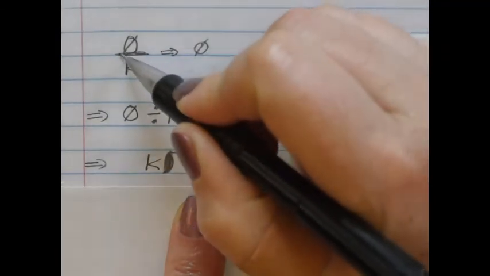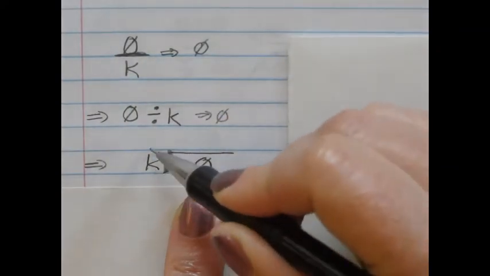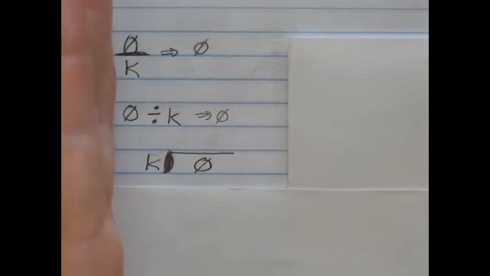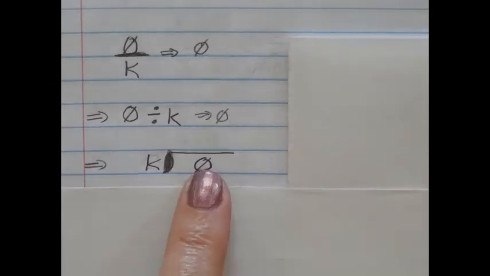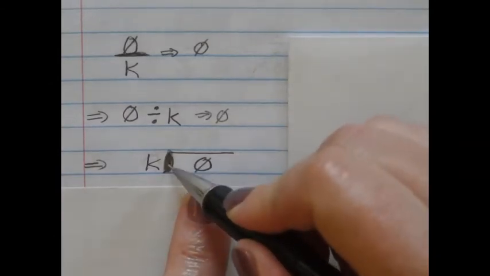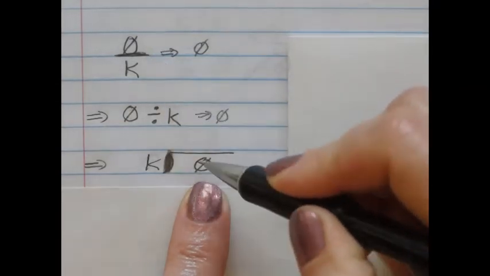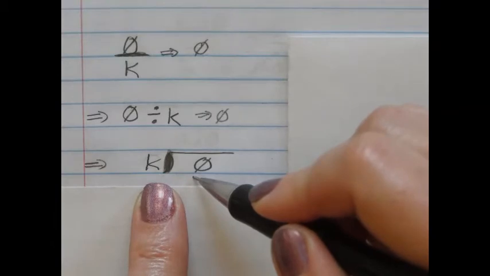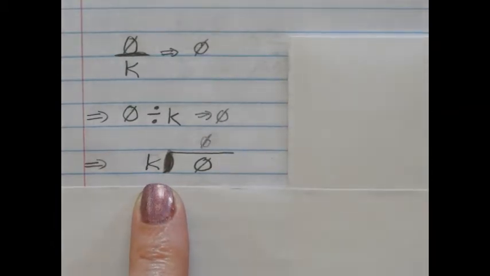So you have the 0 divided by k. If you just take this fraction and let it fall this way, 0 would end up down the inside. You've got this line here, which represents this division line here. So this is the divided by, and then you have k. And your answer is always going to be 0 for this problem.